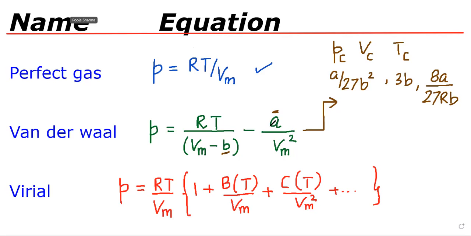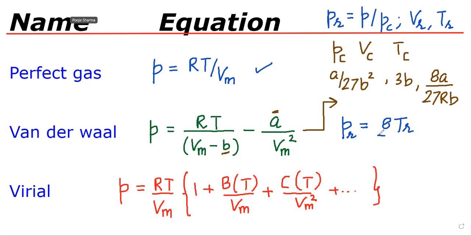So that's called corresponding states. We introduce some reduced parameters like this: P reduced is equal to the pressure of the gas divided by Pc. Then similarly, V reduced and T reduced. When you do that, you get the van der Waals equation in reduced form: P reduced is equal to 8 T reduced divided by 3 V reduced minus 1, then further minus 3 divided by V reduced square.